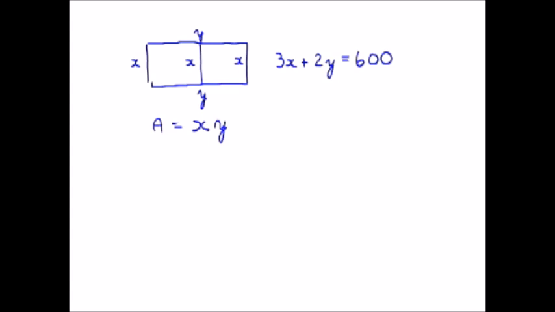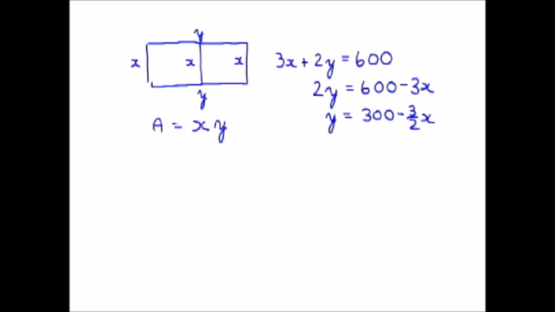Well, we return to our first equation, 3x plus 2y equals 600, and we rearrange that equation such that we can solve for y in terms of x. And we end up with y is equal to 300 minus 3/2 x. So I can now substitute this expression, 300 minus 3/2 x, in for y into our area equation.